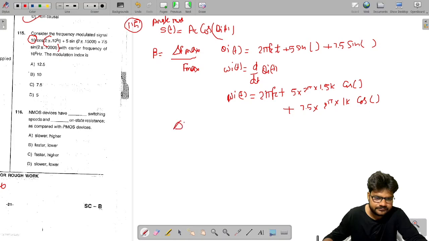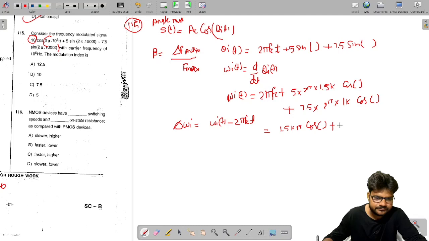Now let us find out delta omega. Delta omega will be what? This is the deviation in the radian frequency. So omega i(t) minus 2 pi fc t will be, this is 5 into 2 pi into 1.5k, which is 15k pi, cos, plus this is going to be 7.5 into 2, or 15, and this is k.